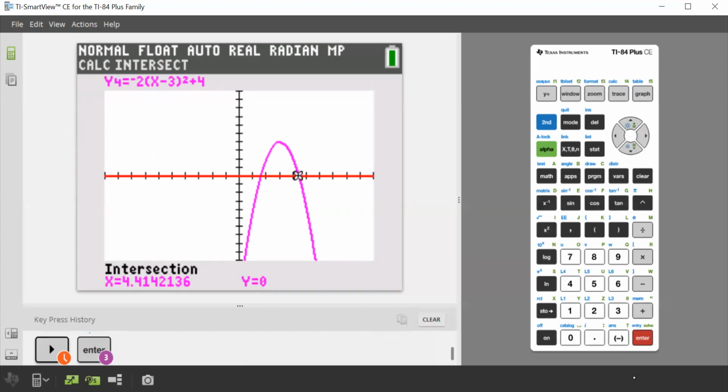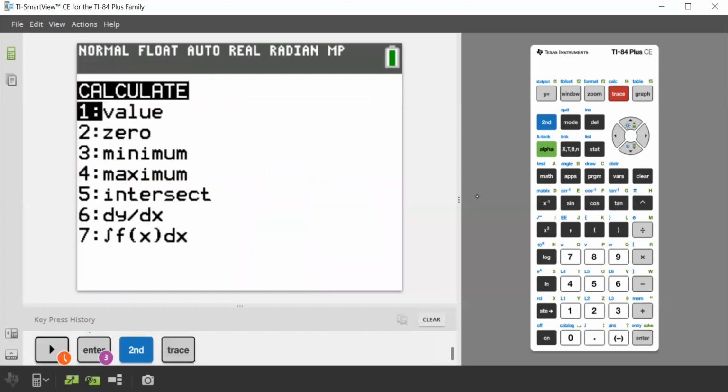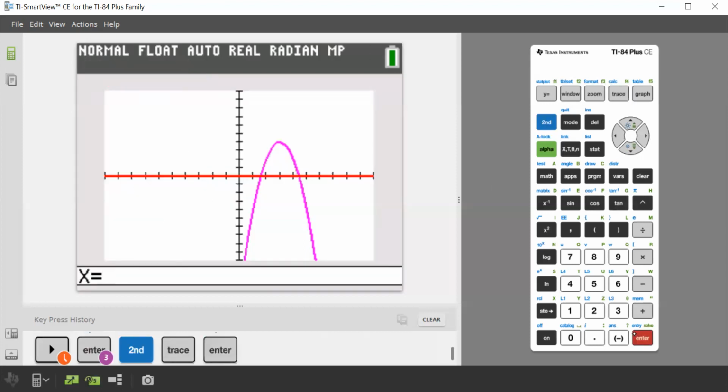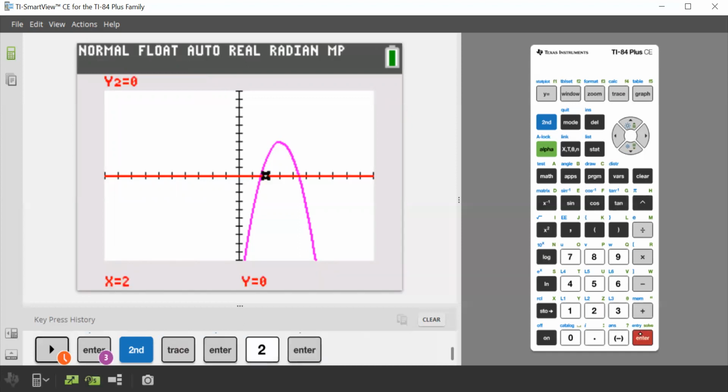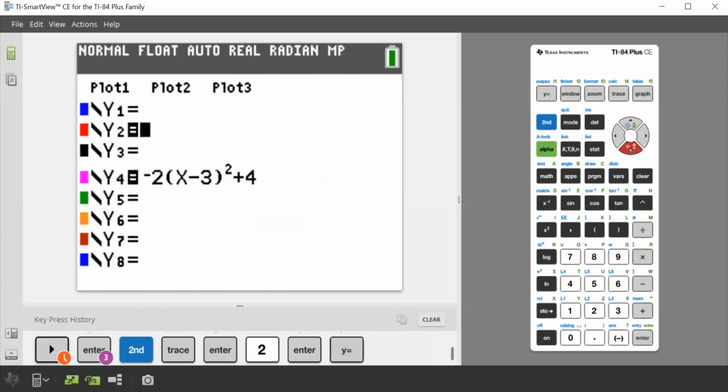Okay, again, if I want to find just a value, I go second, calc, value, and it lets me put in an x value. Boom, there it is. If I wanted to find an x value, what you're going to do is put in a y value that you already know.